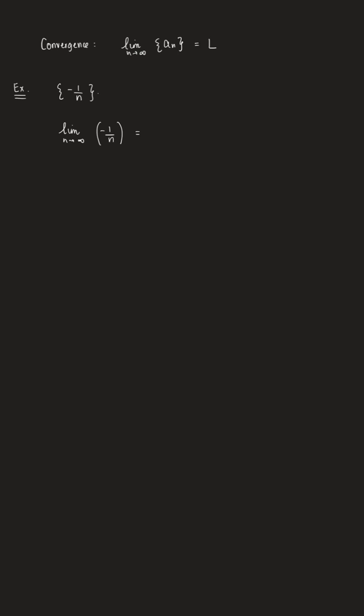Since this is a limit, we can think of this as the limit as n approaches infinity of the product of negative 1 times 1 over n. Negative 1 is totally unaffected by n getting large, so we can pull it out of the limit and write negative 1 times the limit as n approaches infinity of 1 over n. This limit goes to 0, and 0 times negative 1 is 0.